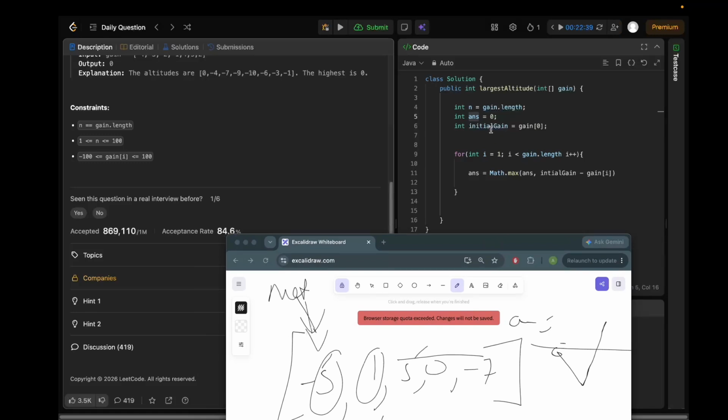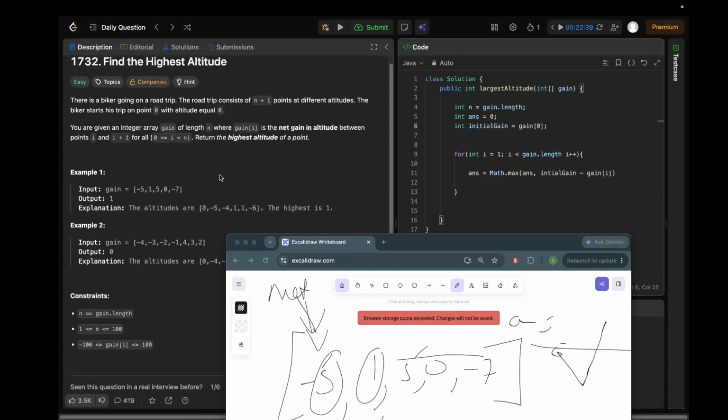So I should name it initial. Okay, gain equals to initial gain minus initial gain plus, right?